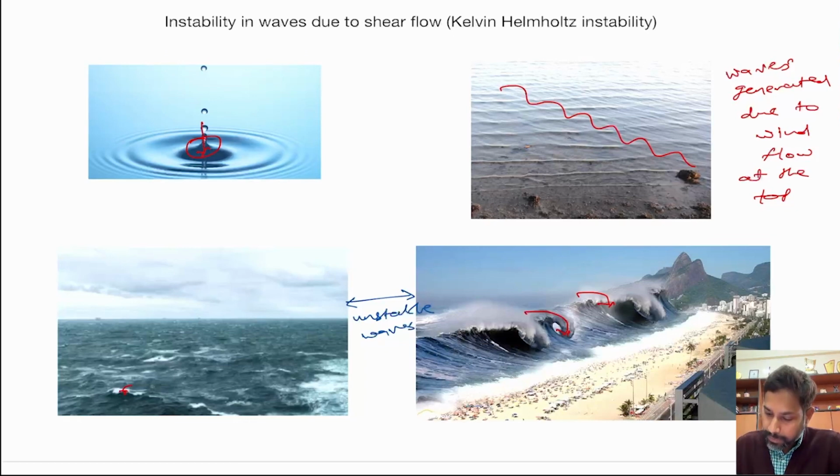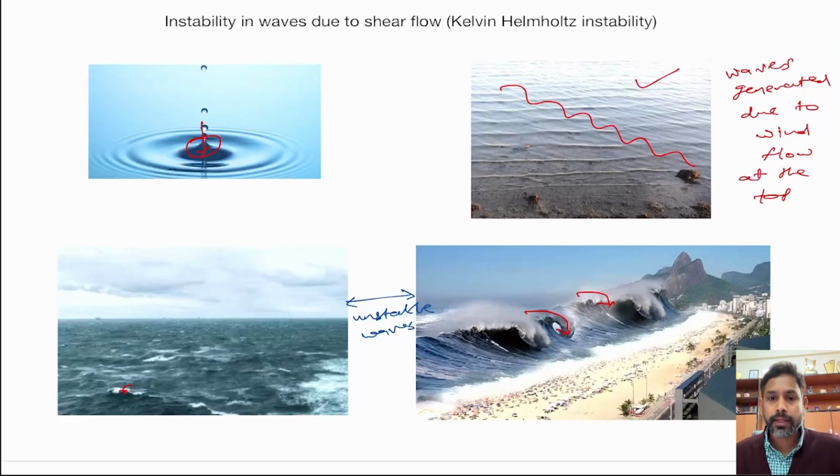Whereas in the upper case, for example here, the wavelength is quite large and amplitude is very small, such that the wave is still stable. But in case 2, the wavelength is very small and amplitude is very large, and that is making the waves unstable.